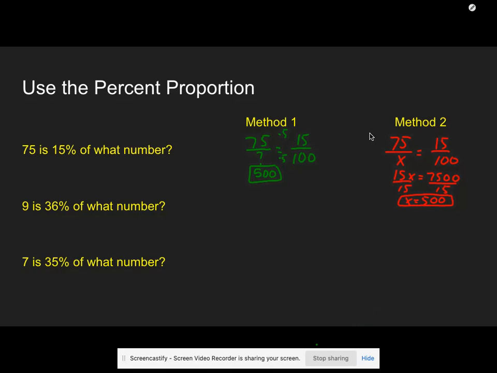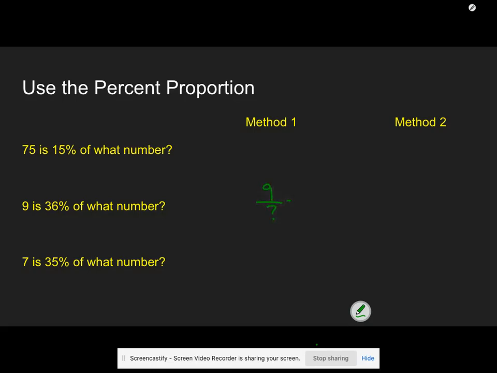You are going to have an opportunity to use a calculator today, so make sure you take advantage of using a calculator. 9 is 36% of what number? So we're going to have 9 over question mark equals 36 over 100. Well, I went from 36 down to 9, which is divided by 4.